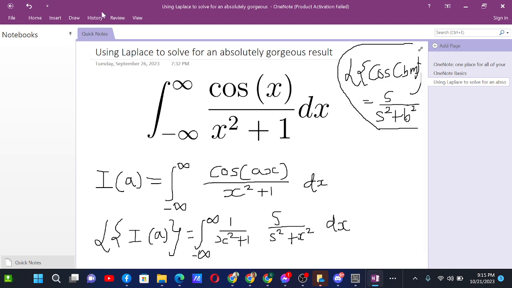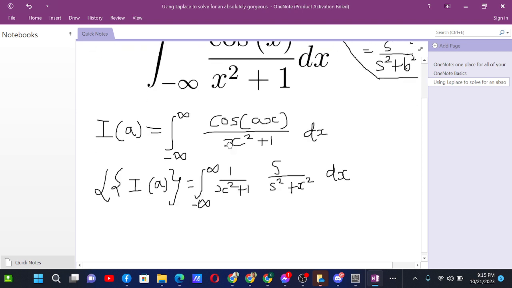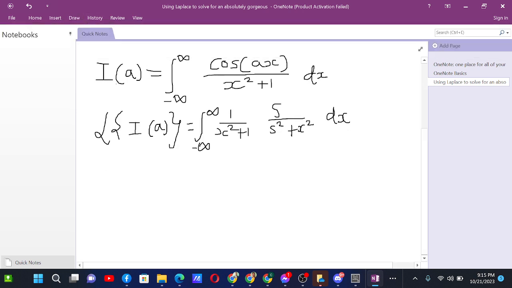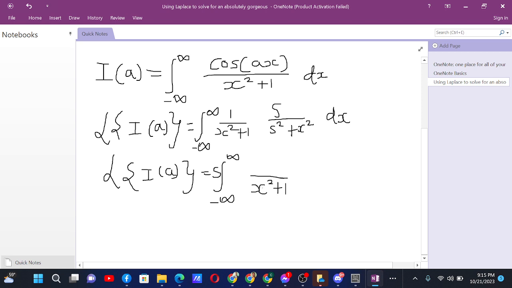After this we can perform some partial fractions, and we can break this integral into partial parts. Basically we can use the cover-up rule over here, but before that let us take this s variable outside as a constant. Now if we use the cover-up rule, the first denominator will be x squared plus 1, and to get its coefficient we just need to substitute minus 1 in place of x squared.